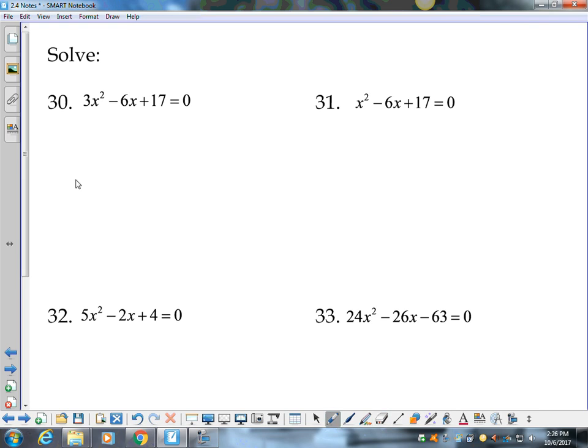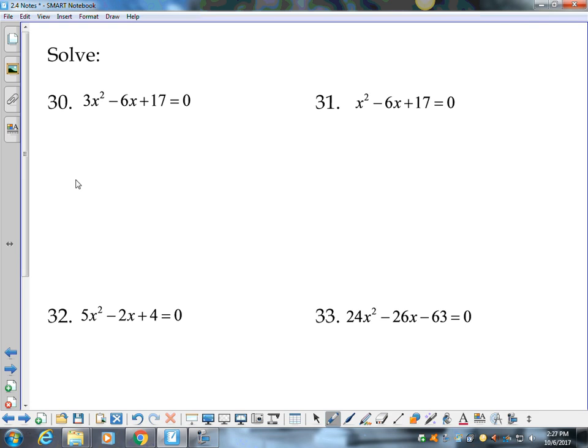The goal is to factor it because that's the easiest. 17 only has the factors of 17 and 1. And neither one of those are going to work. So this guy does not factor, but always try that first. We also talked about completing the square, and I want you to be super comfortable with that, and we are going to do that on one of these.